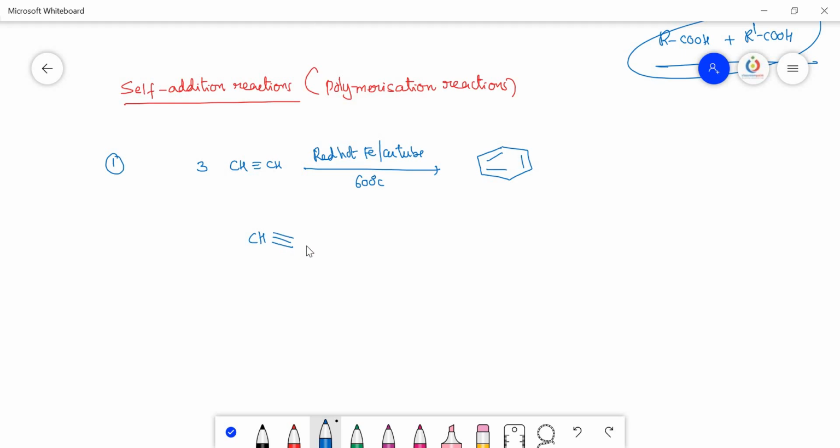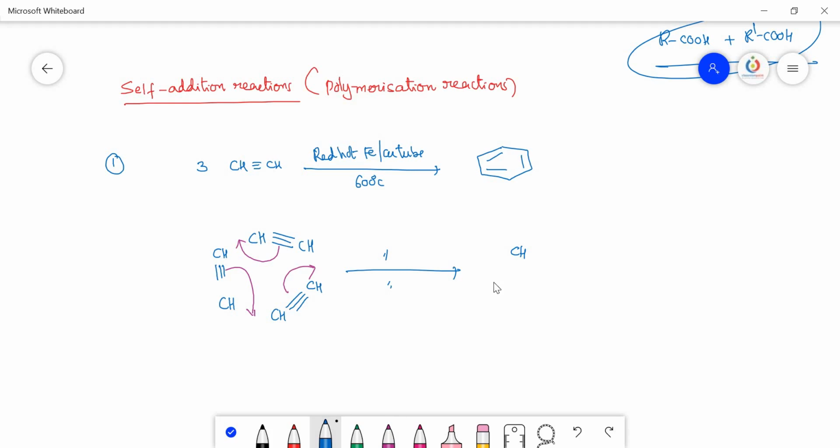CH triple bond CH, CH triple bond CH, and here also CH triple bond CH. You see, when this acetylene is passed, 3 acetylene molecules, I have taken the combination is same. So one of these pi bonds will shift over here, this pi bond will shift over here, and this pi bond will shift over there. So finally the molecule becomes: here CH is there.